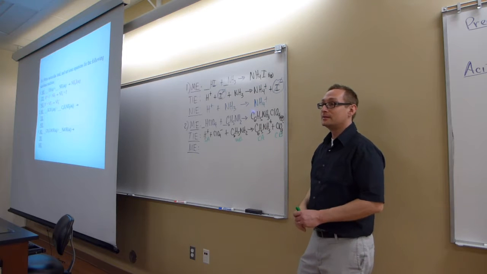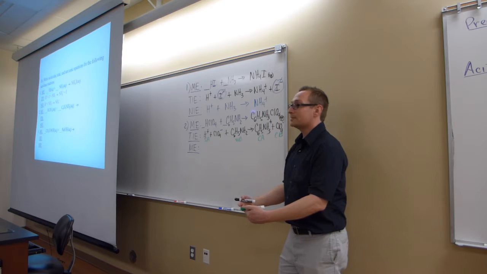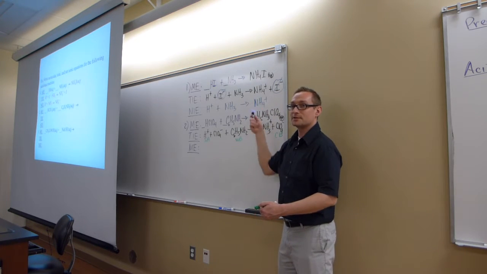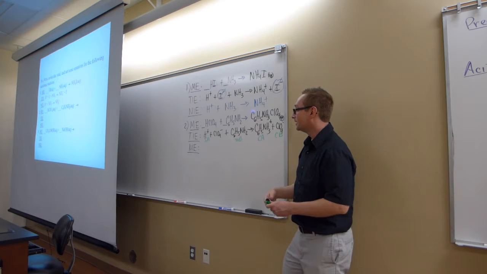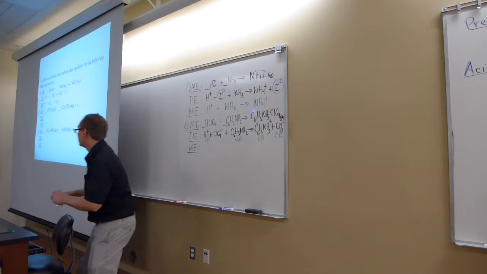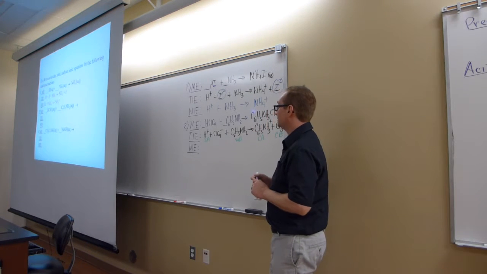Ideally, hopefully you're seeing a pattern built in with these. Do you see a pattern between this and this? That's what I want you to see. Net-wise, what's the net reaction for this below?